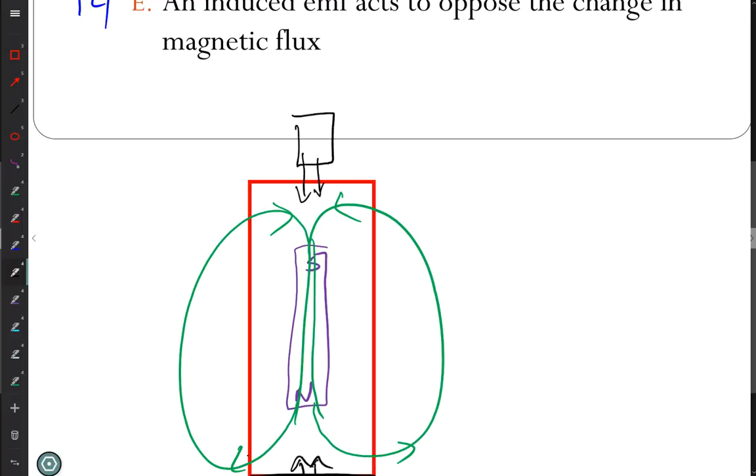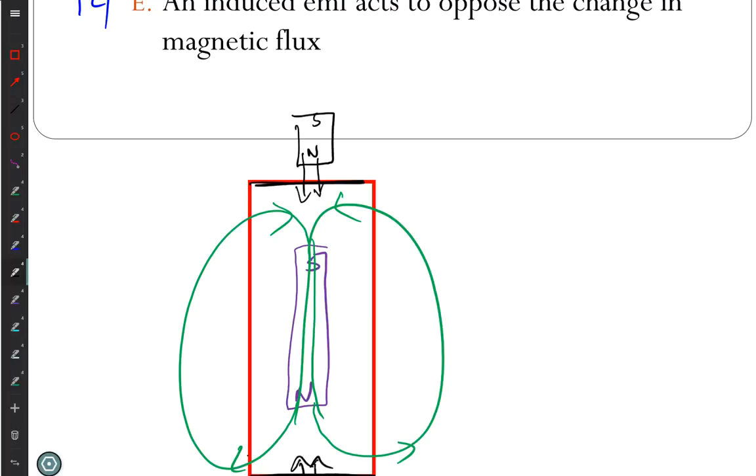bar magnet. And which pole of the magnet should the magnetic field lines be coming out of? North. So it's behaving like north is down and south is on top. But now we have north to south. Is that attractive or repulsive? Attractive. So we have a current above the magnet that's making an induced magnetic field that's attracting it upward.